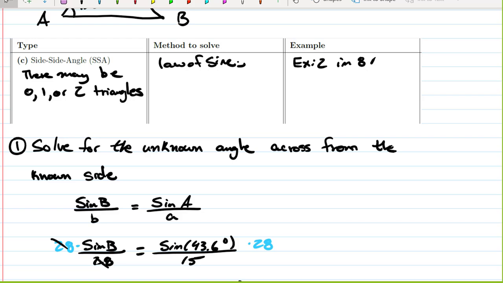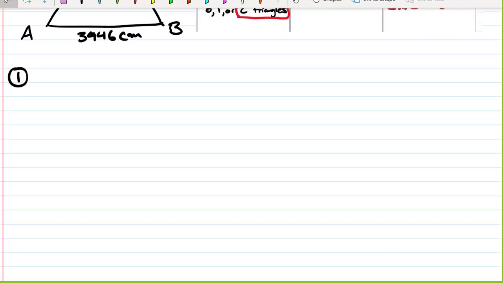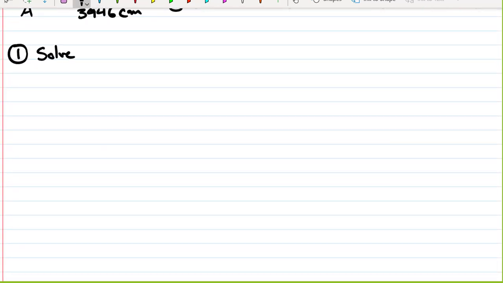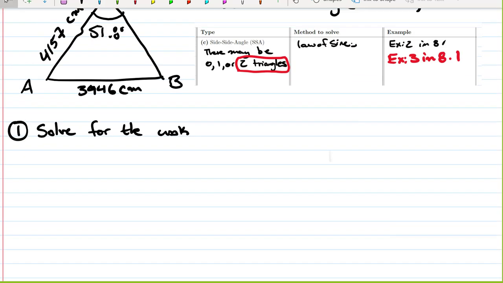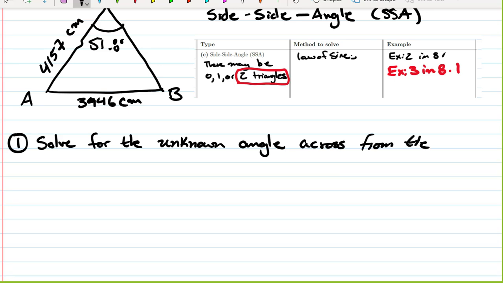We need to solve for the unknown angle across from the known side. So in our case, we need to solve for B.